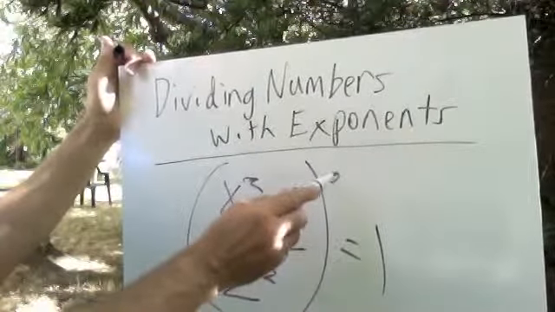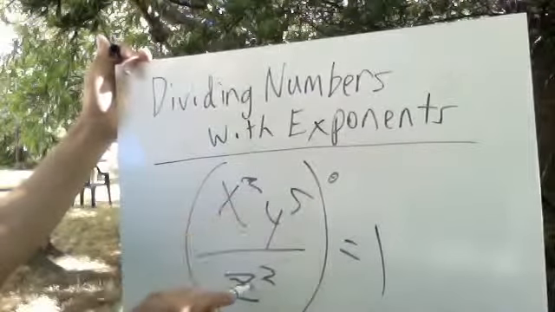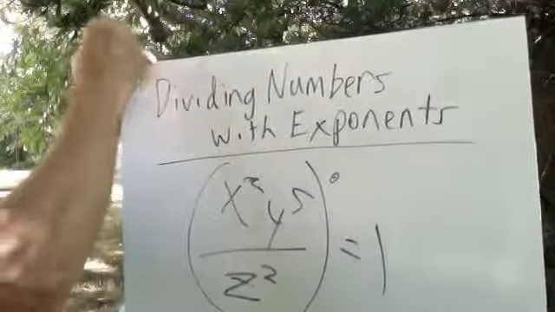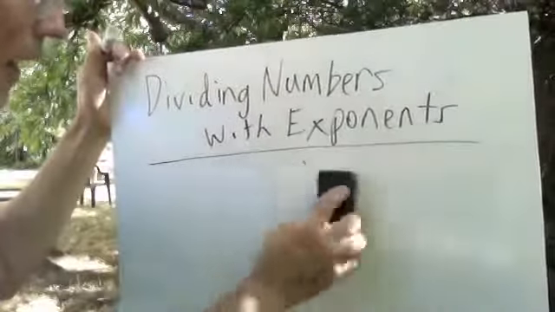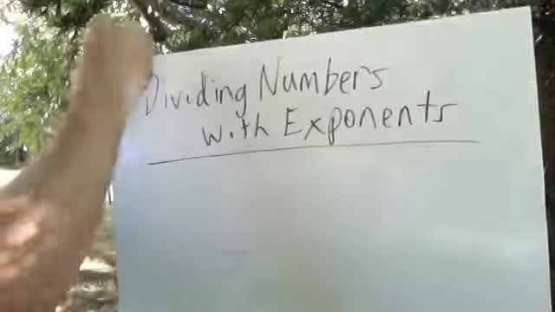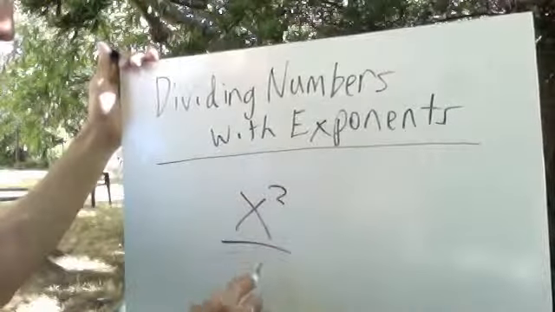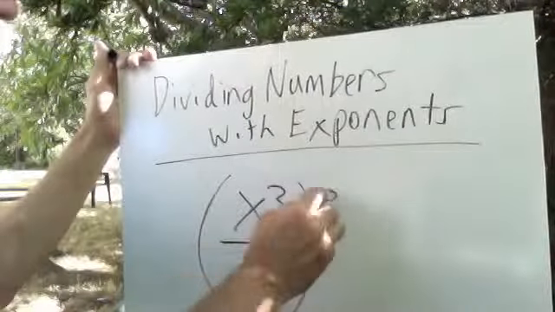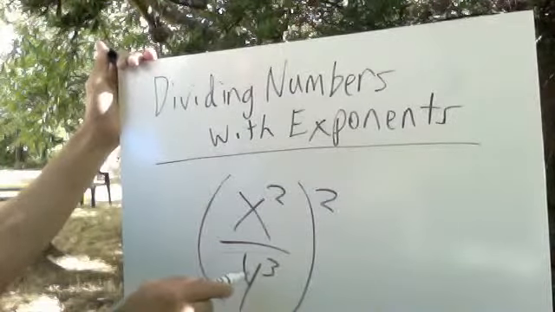By the way, when they put a power outside of the brackets, every single thing inside gets that power. They cover that in this chapter, but it's kind of more of a minor point, but let me bring it up now. If you have x squared over y cubed and you raise the whole thing, you square it, that means this gets squared and that gets squared.